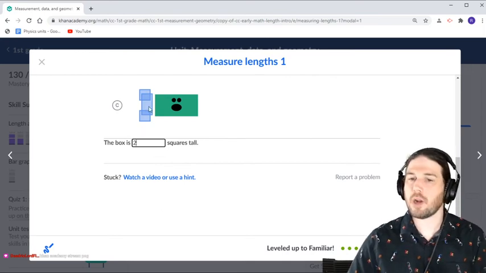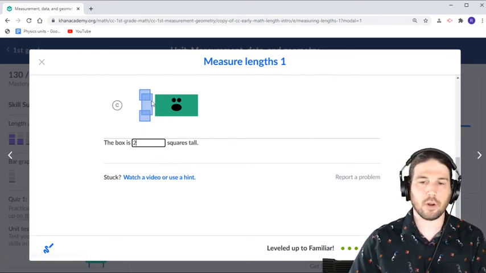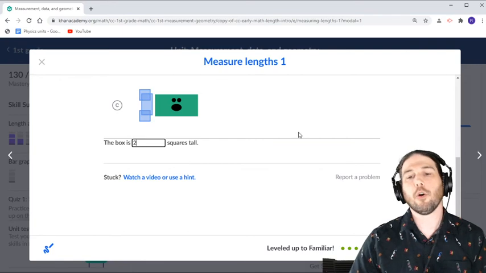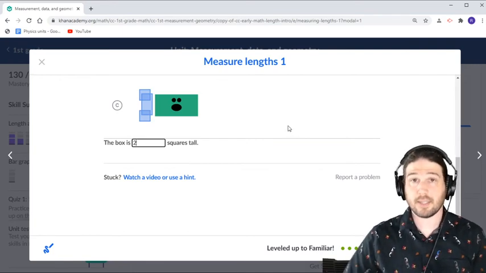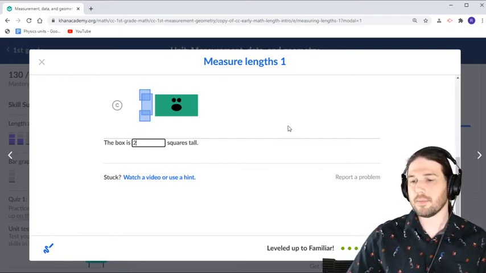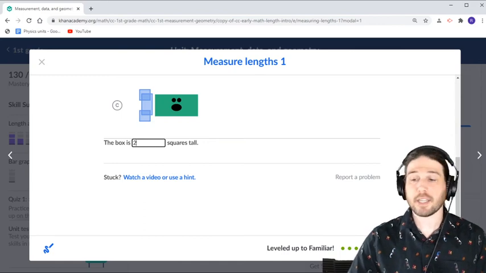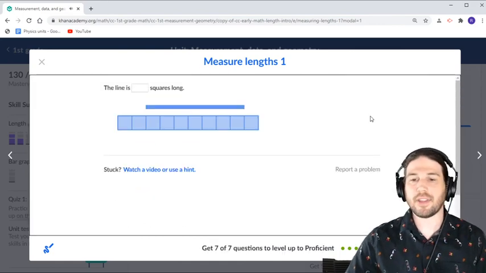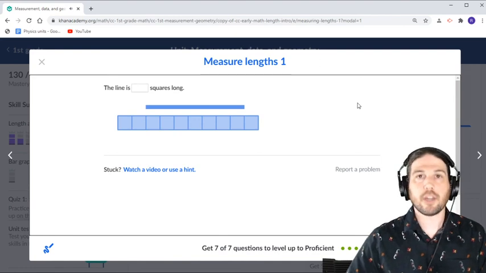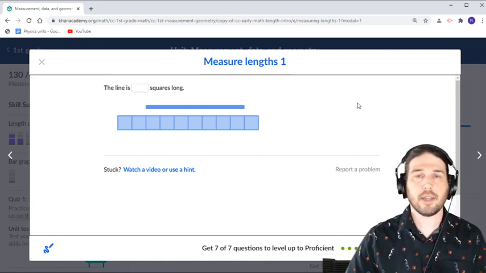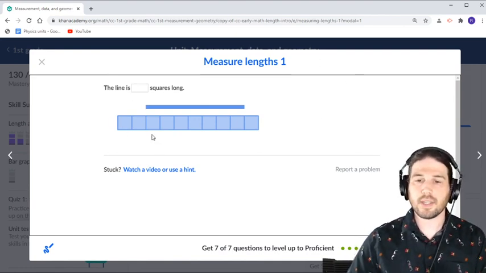C has 2 problems. 1, they're overlapping, and 2, one of the blocks is not uniform. The whole point of units is that they all have to be the same, or you have to be able to easily convert. We say things like 6 feet 3 inches, but we could convert that into just feet or just inches if we had to. This line is 1, 2, 3, 4, 5, 6, 7 squares long.